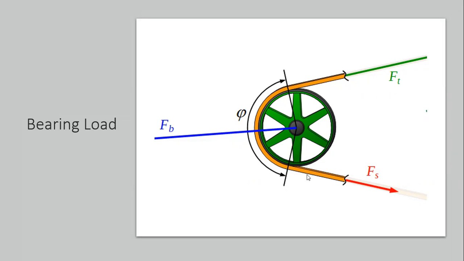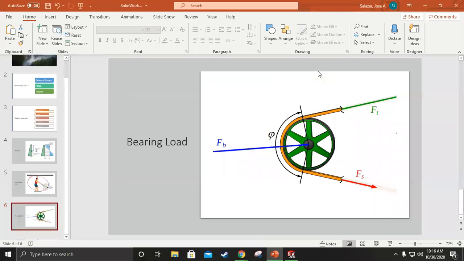So when the belt is rotating, it wants to pull whatever it's rotating towards it. In this diagram, it shows FT and FS trying to pull this rotating object towards itself, and then FB is the reaction force preventing those forces from pulling it. So it's a static force canceling everything out, and that force is being caused by the bearing. That's how a bearing load would work. Those are the forces we would go over today.